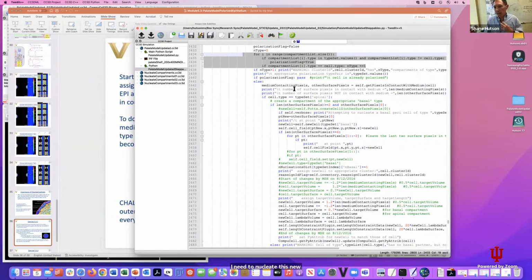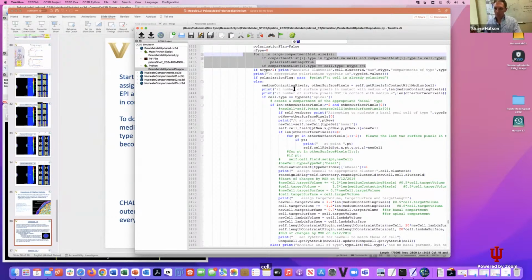So let's think about this situation for a second, right? You've got one cell somewhere in your CompuCell domain, your lattice, and you want to give that cell a matching complementary compartment, right? Basal make an apical, apical make a basal, vice versa. So it's one thing to say, all right, we need to make a new cell. But then where are you going to put that cell?